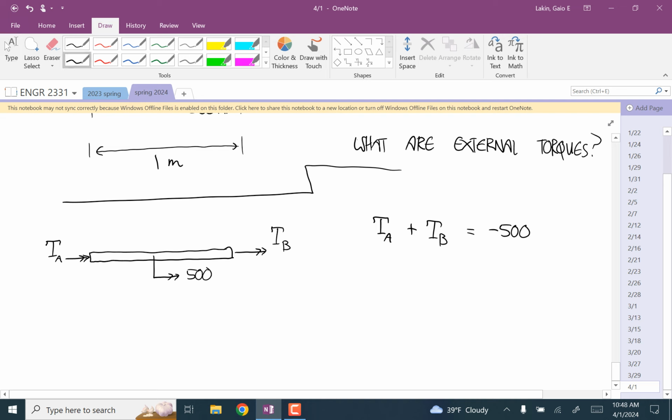So we can't solve this, but we can express the total angle of twist in terms of TA and TB. So our cut 1 is for x's from 0 to 0.5.